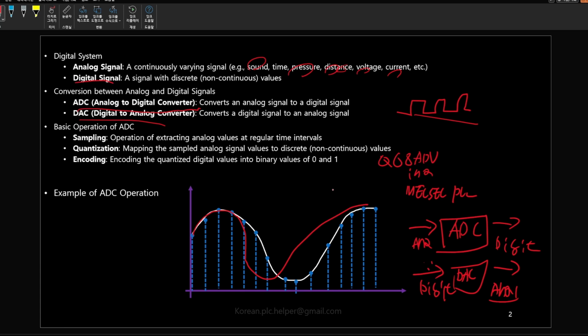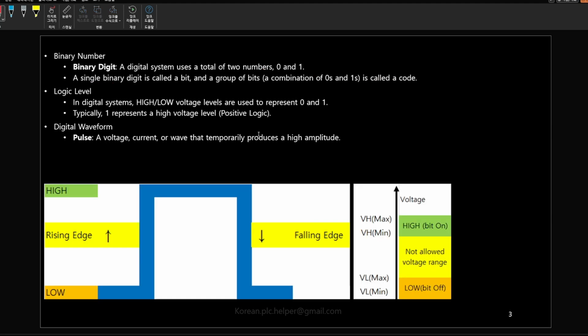This type of converter is called a DAC. In addition, the basic operations of an ADC include sampling, quantization, and encoding, which will be further discussed during the AD card session.